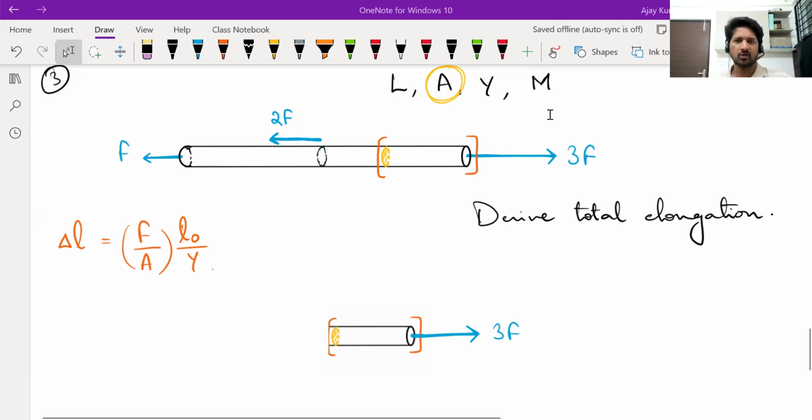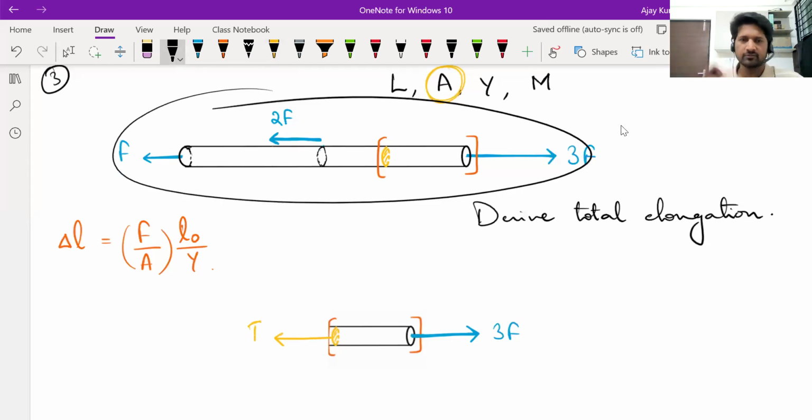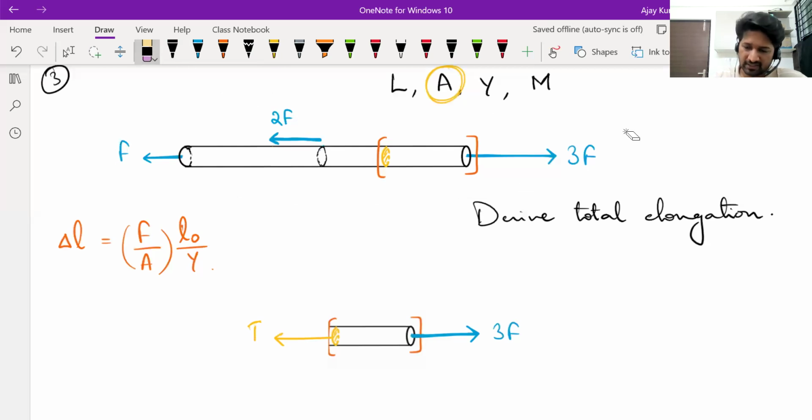Internal forces, intermolecular forces, that is tension. So there will be tension acting on that cross section this way. And the entire wire is in equilibrium, means that part of the wire will also be in equilibrium. Therefore, the tension there should be equal to 3F. Okay. So the tension anywhere in this part of the wire is 3F.